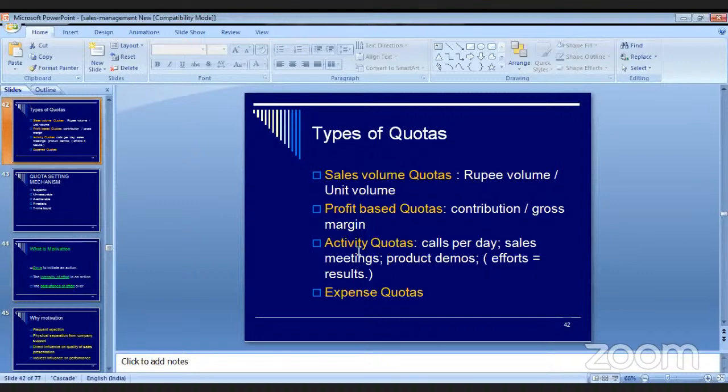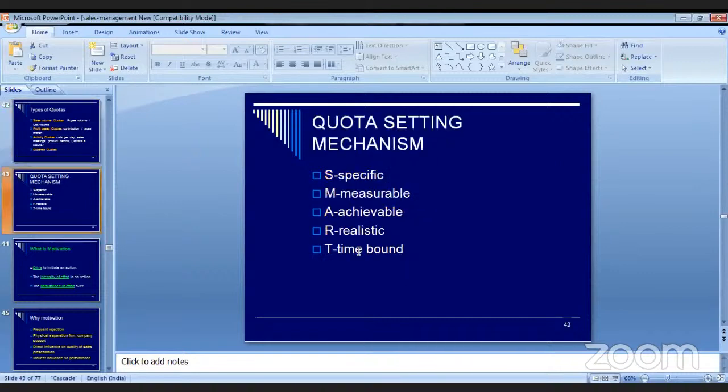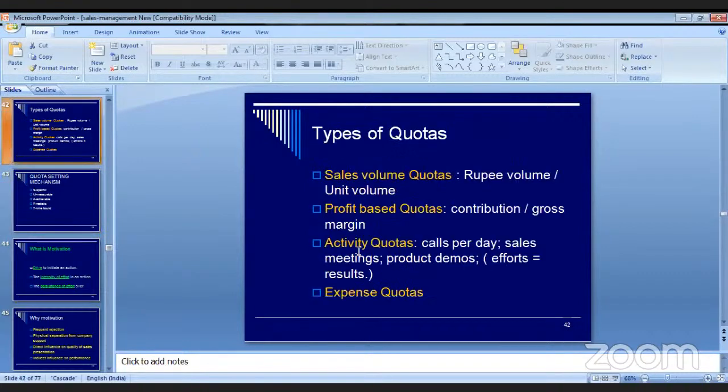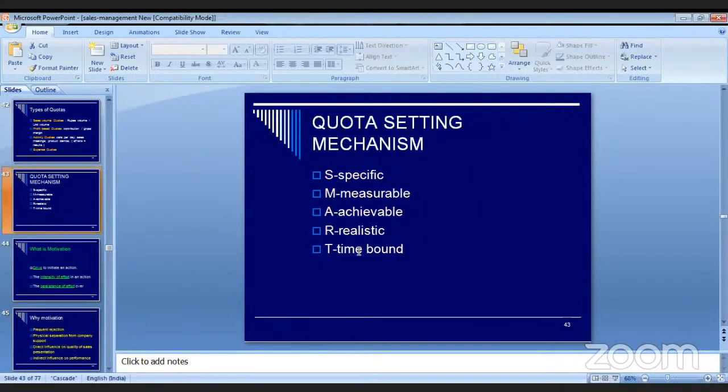Then come to the motivational aspect. Clear? Quota setting. Actually this is a five-class topic, but we have to cover all these things. Then come to motivation in sales management. In quota setting mechanisms, SMART is written.